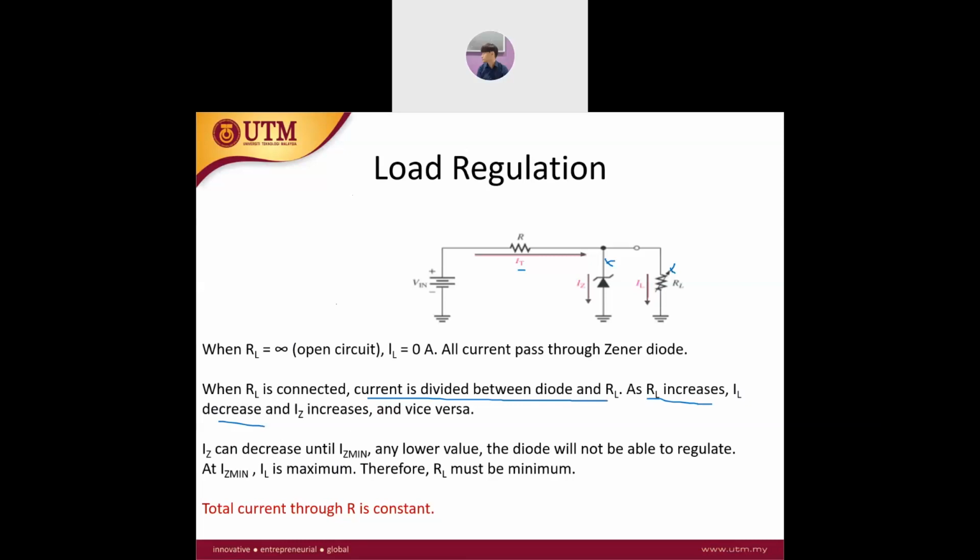For the Zener diode to operate in the breakdown region, it needs to have this value of IZ minimum, for example here. Then we have the equivalent value of VZ minimum as well.